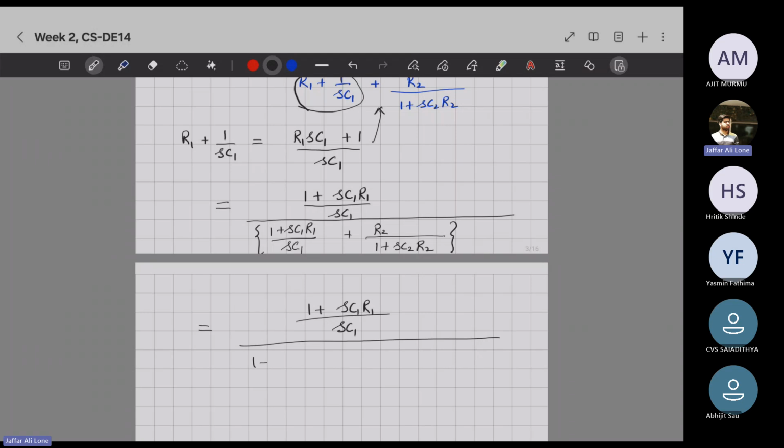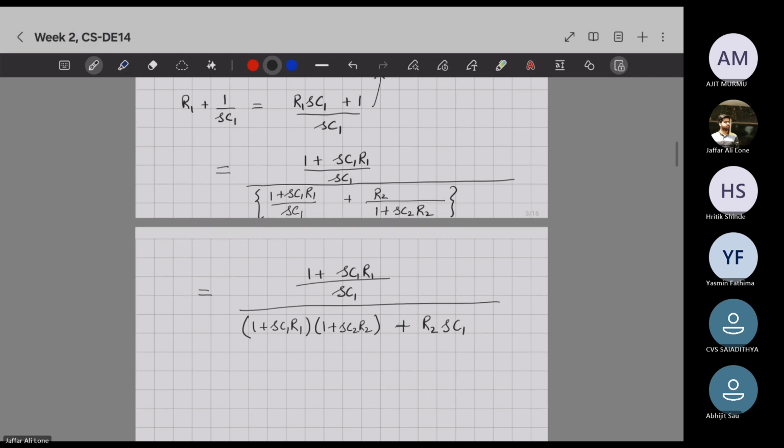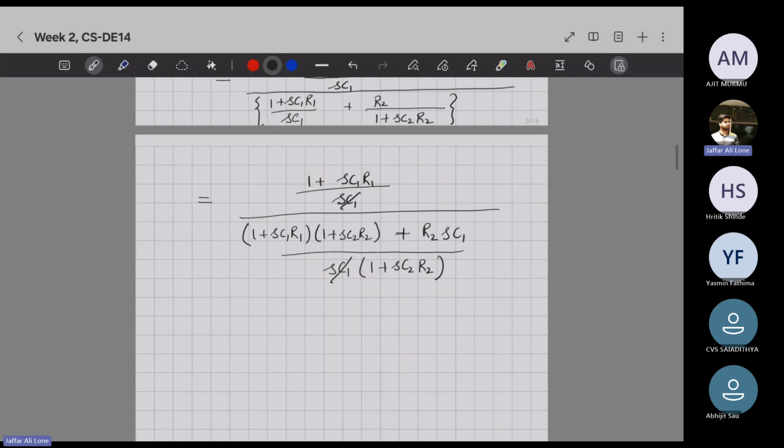It will be 1 plus SC1 R1 into 1 plus SC2 R2, then plus R2 SC1, divided by SC1 into 1 plus SC2 R2. This SC1 and this SC1 cancel.